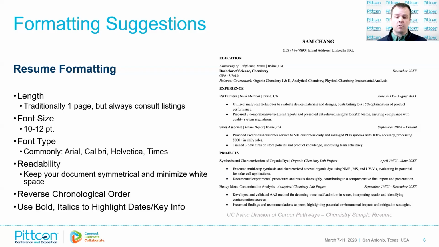Note that this is a symmetrical document with major headers on the left-hand side that indicate job listings, as well as bulleted notations that might provide further description, as well as a right-hand adjusted date. In this manner, we can make sure we're minimizing our white space and we can maximize the readability for anyone in an employment office to look at.